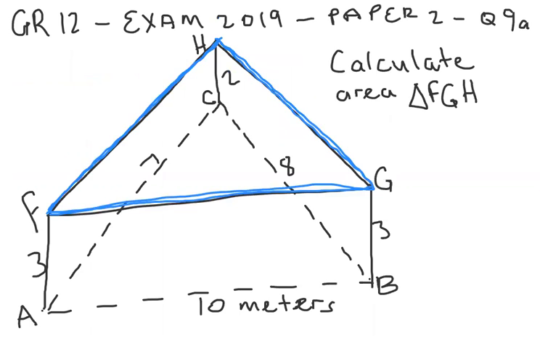So what do we have in this FGH? Let's just look properly. Let's just focus here at the bottom. I'm going to draw this rectangle in green, if you can see it. So that's a rectangle in green. This rectangle has got this 10 meters, and it's got 3 meters there on the left and 3 meters on the right.